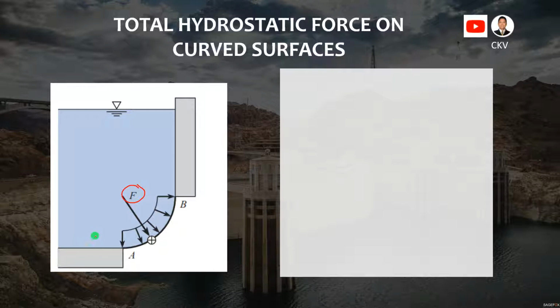So we should first determine the horizontal equivalent hydrostatic force acting on this curved surface, as well as the vertical hydrostatic force. It means we have to find F of x and F of y. After determining F of x and F of y, we just determine the resultant force acting on that curved surface.